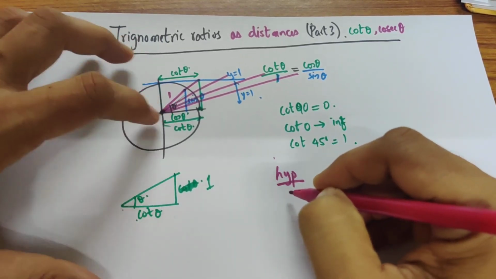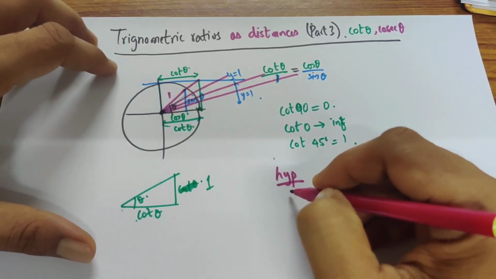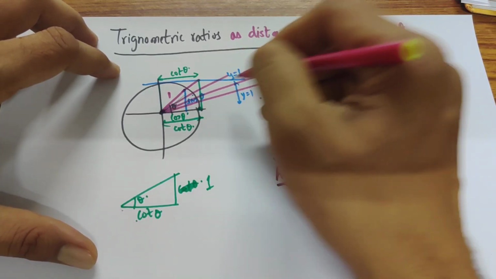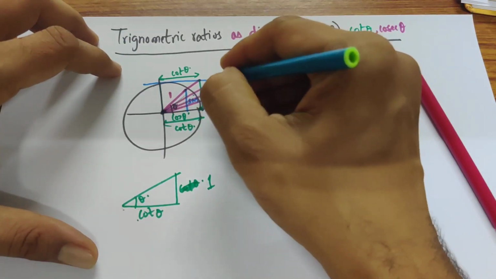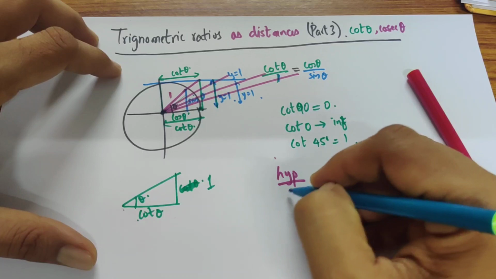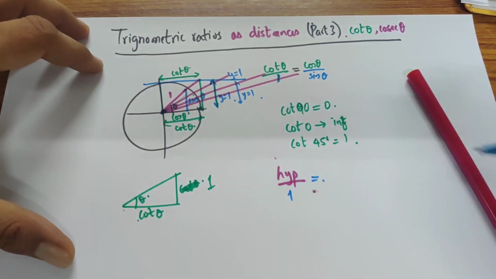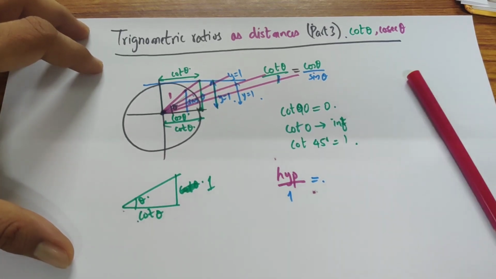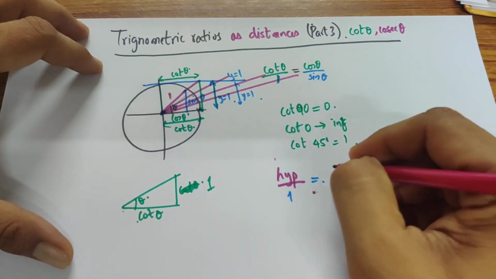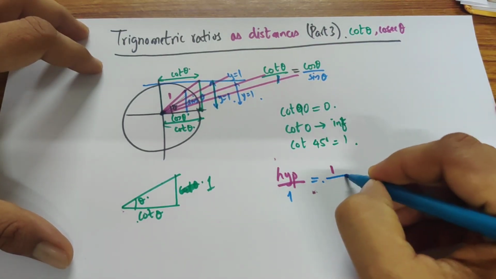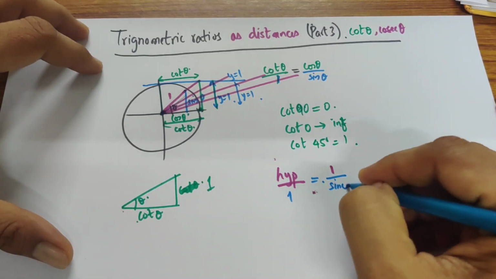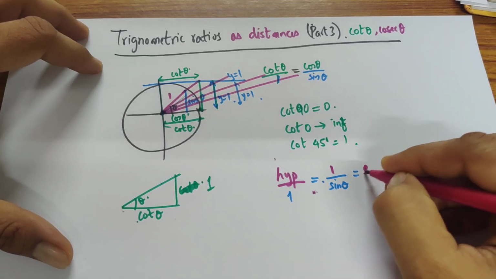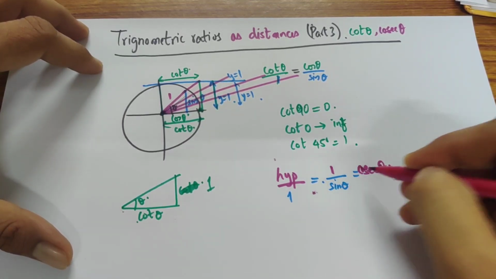So hypotenuse divided by 1 is the opposite side, since y is equal to 1. So this is similar to the hypotenuse of the smaller triangle, which is 1 divided by sine theta. So this is giving me cosecant theta.